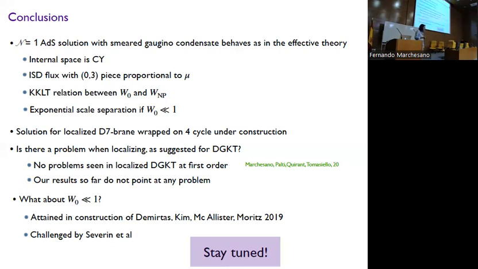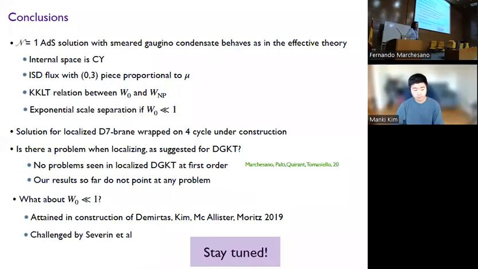I don't know if Gary, you think. What's new is this smeared gaugino and showing that the solution is Calabi-Yau with imaginary self-dual fluxes, but now you have a (0,3) flux, which is proportional to the cosmological constant. That's the new part, and then the localized solution that we are constructing. Okay, so it's a different technique, but the results are great. Yeah, okay. Thank you.